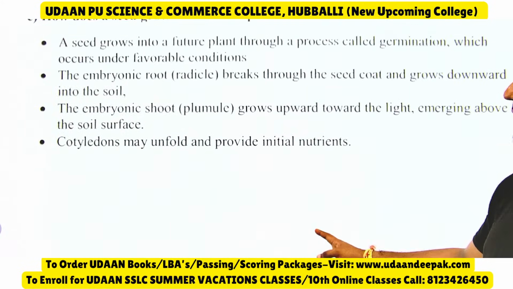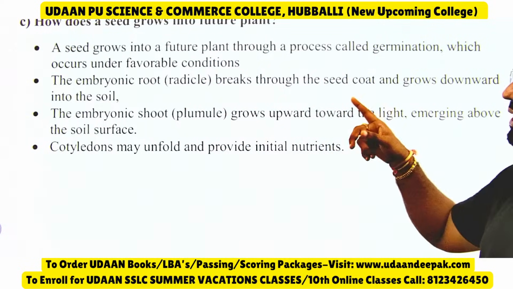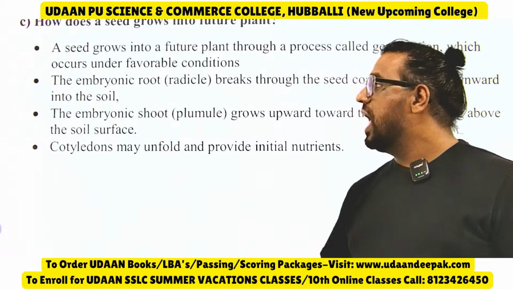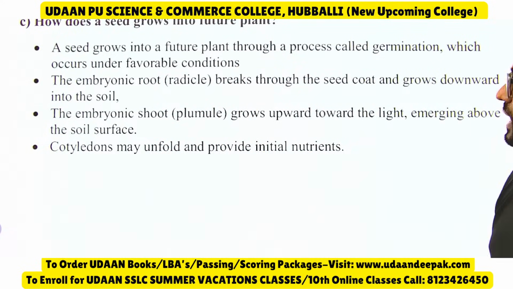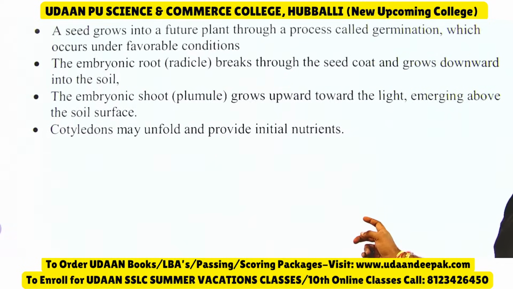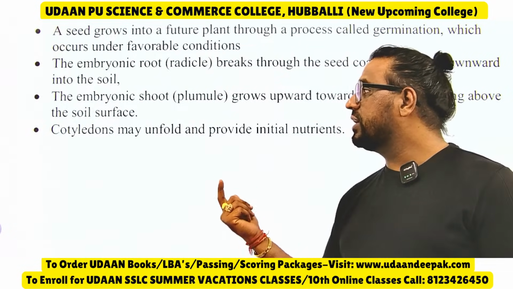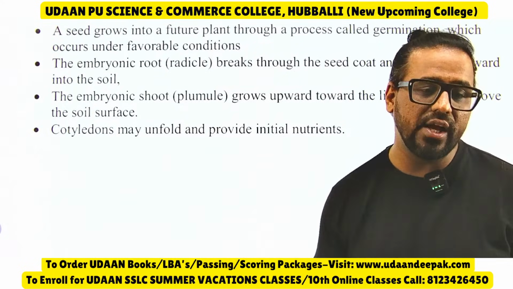The embryonic root, that is the radicle, breaks through the seed coat and grows downward into the soil. That means the radicle will become the future root, and the embryonic shoot, that is the plumule, grows upward towards light, emerging above the soil, so it is the future shoot. Then cotyledons may unfold and provide initial nutrients. That is the answer.